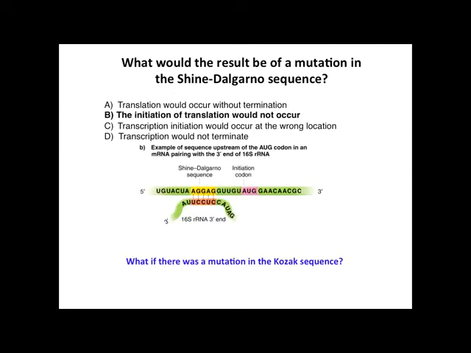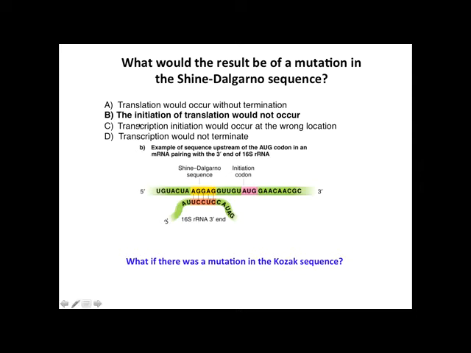So most likely, translation would not occur, the initiation of it, because there would be no way for the ribosome to know where to bind. And if it doesn't know where to bind, it doesn't know where to start translation.